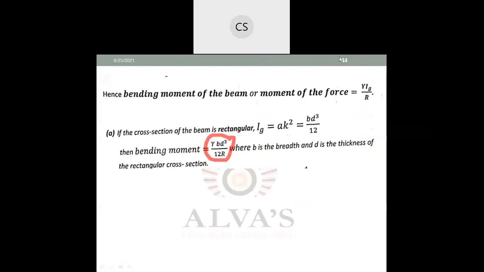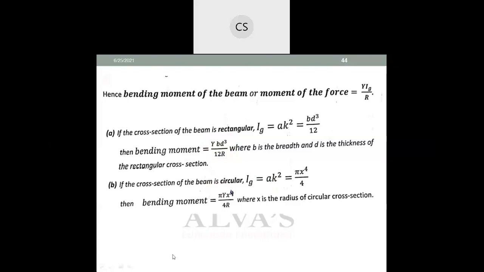Similarly, for the circular cross section, what happens? Let us see. For the circular cross section, Ig is equal to A k square, which is equal to pi x to the power 4 by 4, where x is the radius of the circular cross section.